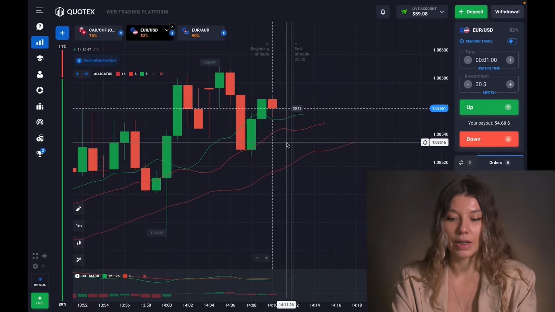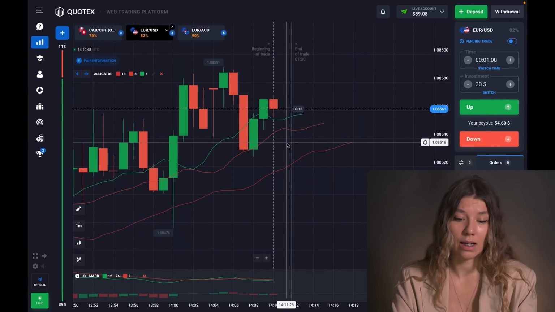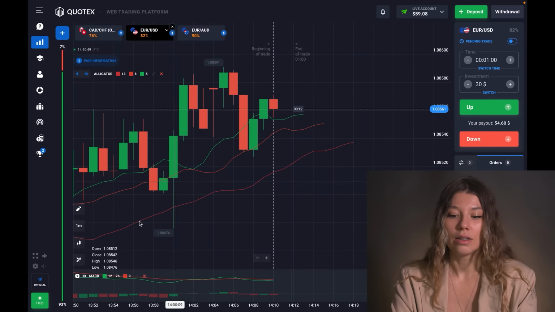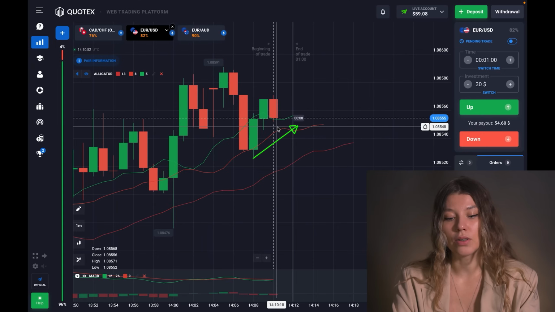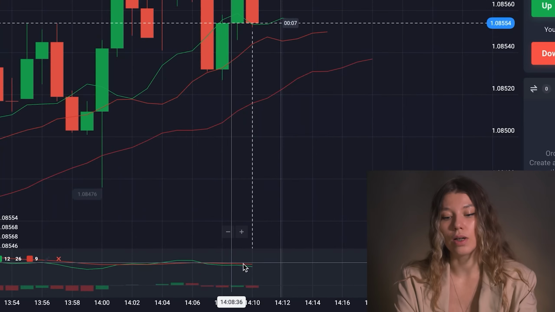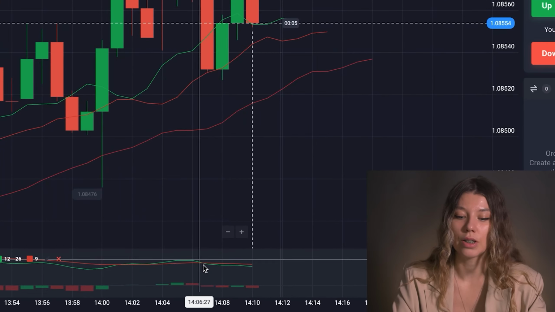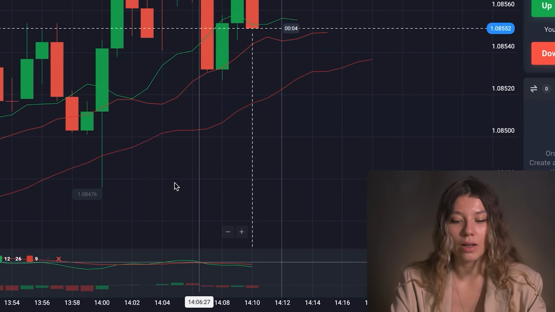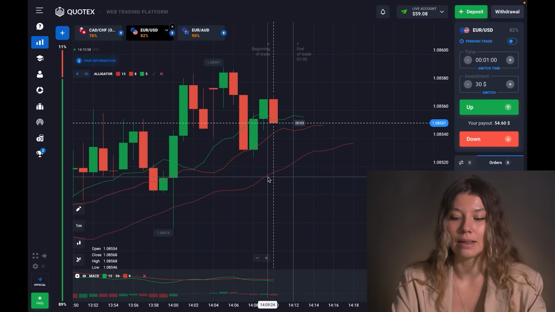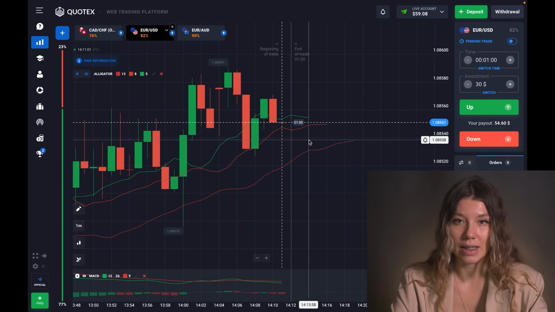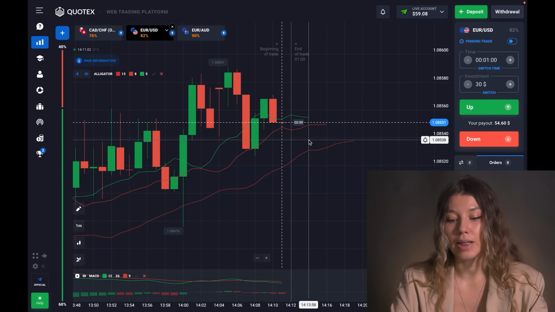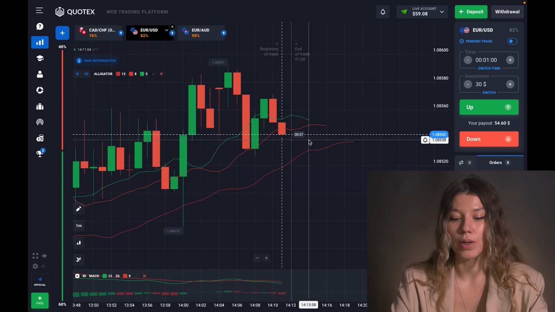You see there are no signals from alligator indicator, the lines are just diverging and looking up a little bit. Okay, what to do? MACD is also looking aside after this small intersection. Here I should pay good attention to the patterns, and that's the key point of this strategy, friends, that here you can mix signals from indicators with the analysis of the patterns.